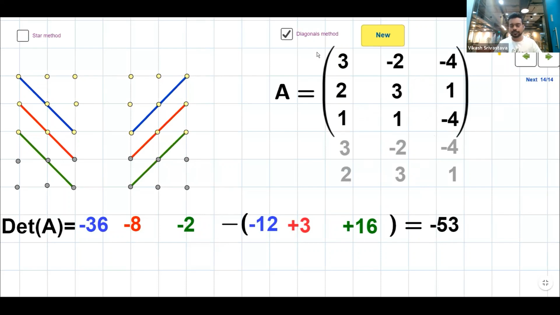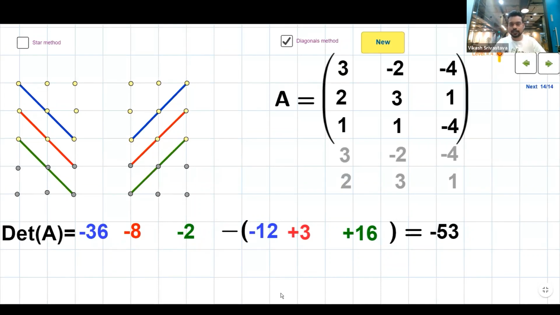Any confusion about calculating the determinant of a matrix? Does this diagonal method apply for higher order square matrices as well? Yes. Essentially this is the same thing you will do.